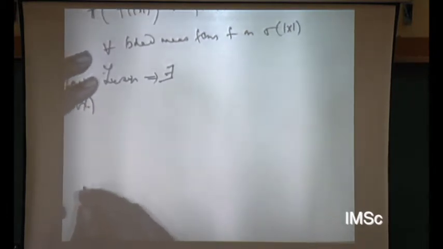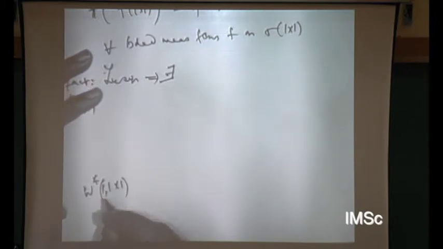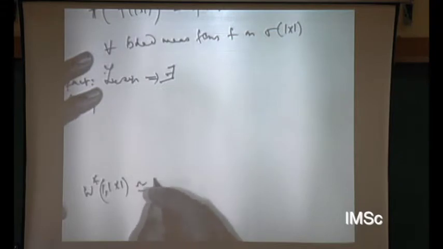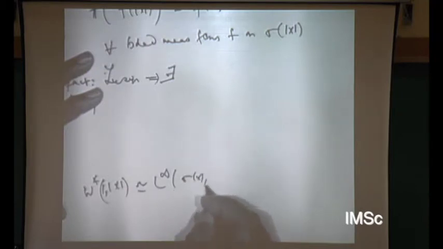You know that W star of mod x looks like L infinity of the spectrum of x with respect to some measure mu.